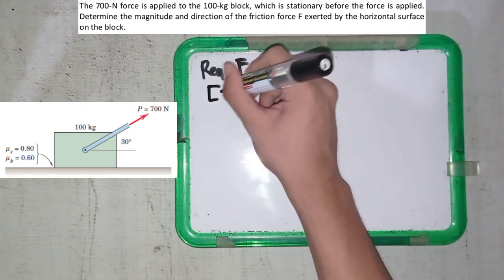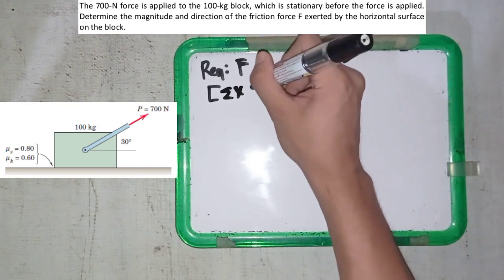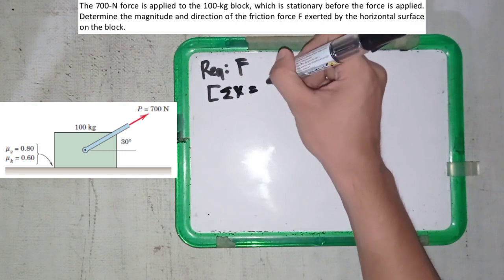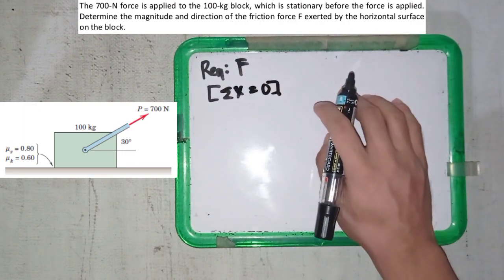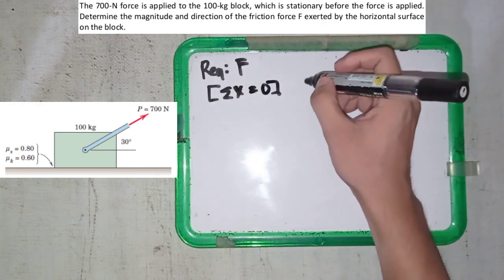So we can equate all x forces to 0. So what is our x components here?